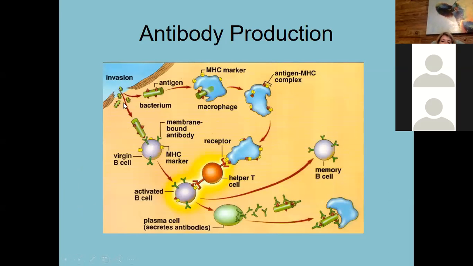So here we have an invasion of a bacterium antigen. We see the different cells reacting. Ultimately, this is what happens. We get a plasma cell which will secrete antibodies to fight off this specific antigen, and we have our memory B cell that will hold that information for subsequent exposures.